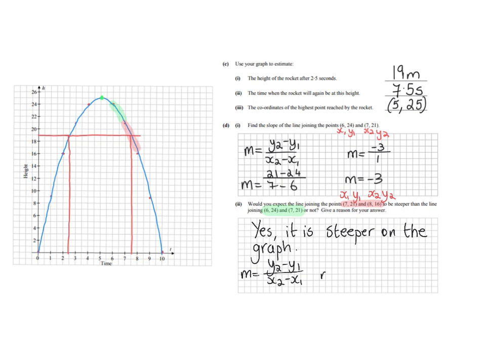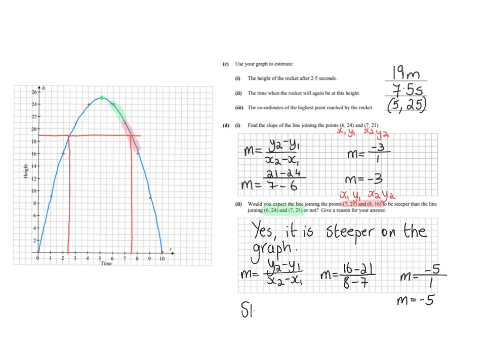This will become y2, which is 16, minus y1, which is 21, over 8 minus 7. That then will give us an answer of, so 16 take 21, you're going to get minus 5, over 8 take 7, which will give us 1, so of course we'll get the slope is minus 5.